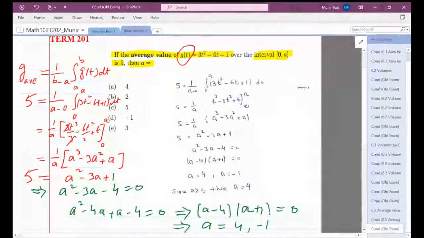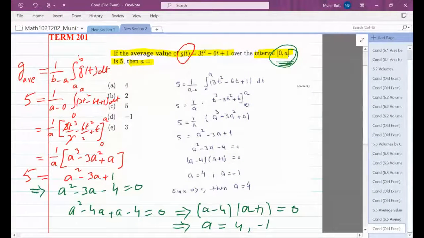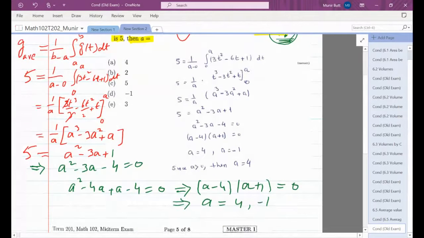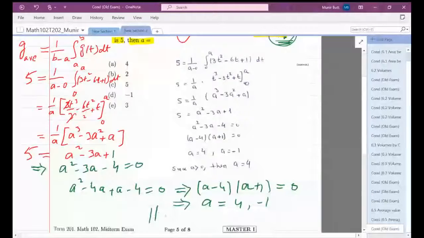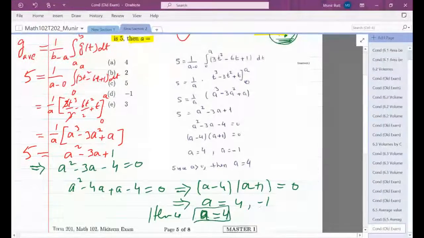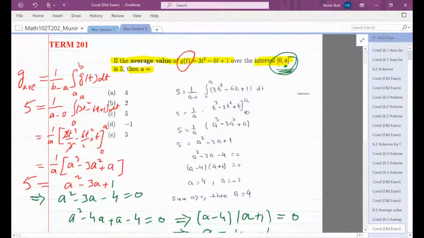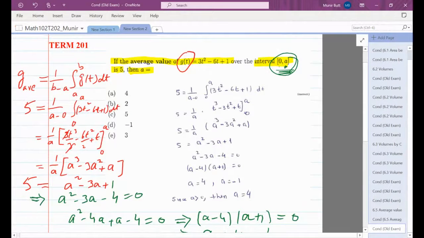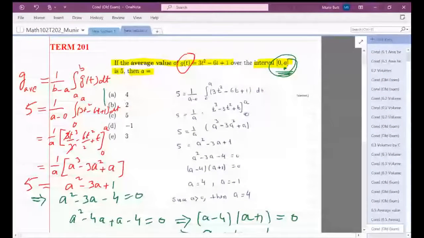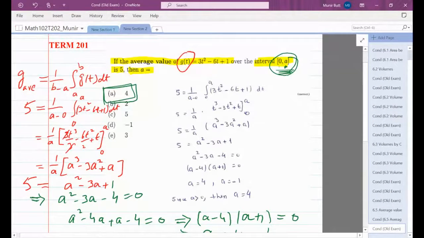You have to pay attention that it is from 0 to a, so this value must be bigger than 0, otherwise it is meaningless. Hence a must be equal to 4, because a cannot be minus 1 since the interval starts from 0 to something. So this is the correct option. Is this clear? Any question?